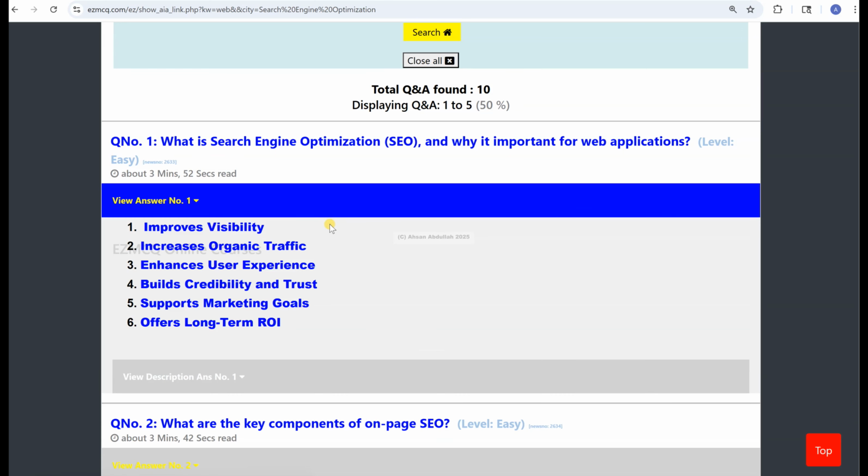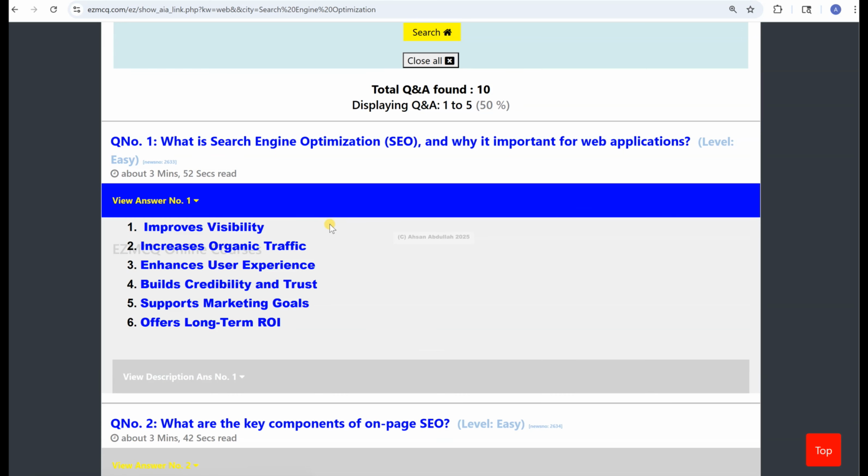Now try to understand, which I believe you all already know, that we are looking at not hundreds or thousands, but we are looking at millions and millions of web pages, right? And you would like your web page of your wonderful application to be among the top, right?